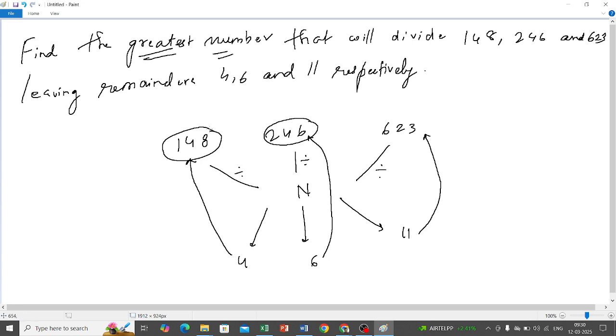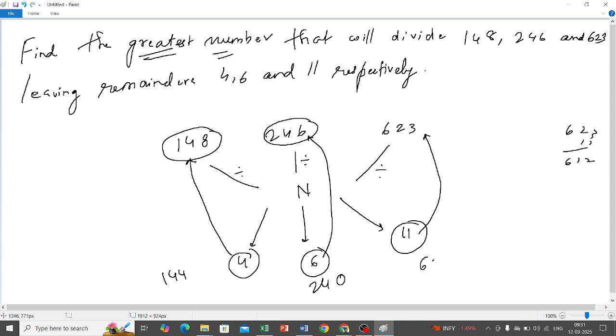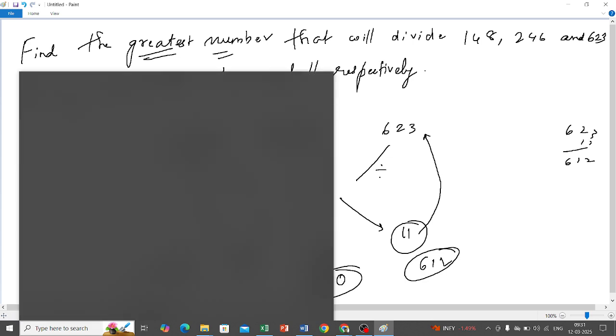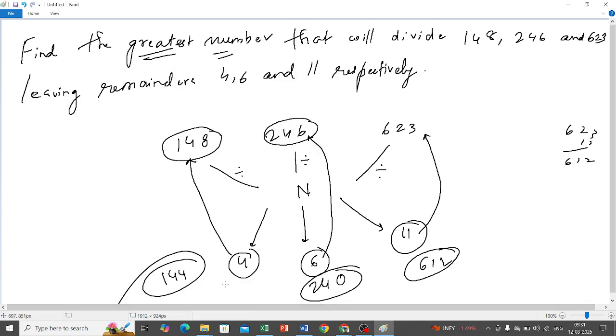So subtract 4 from 148, because these are the remainders, and remainders are wastage, waste products. You will get 144. Subtract 6 from 246, we get 240. Subtract 11 from 623, 612. So 144, 240 and 612.